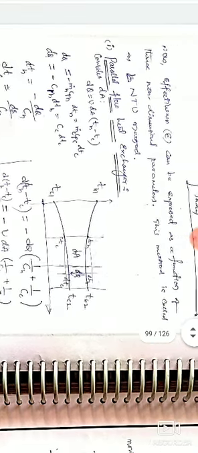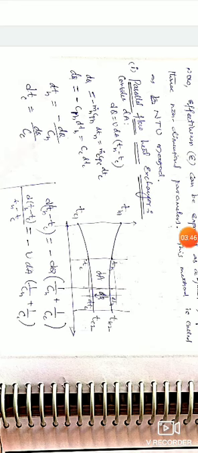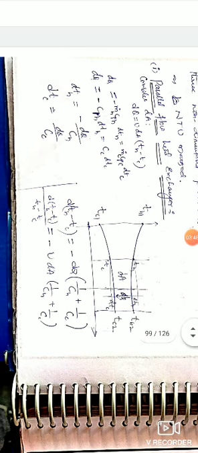Now we will apply this NTU method for parallel flow heat exchanger, as well as counter flow heat exchanger. When we go through parallel flow heat exchanger clearly, the same thing can be applied for counter flow heat exchanger.